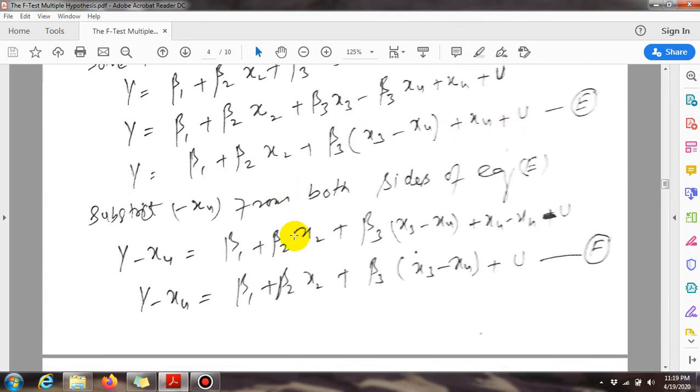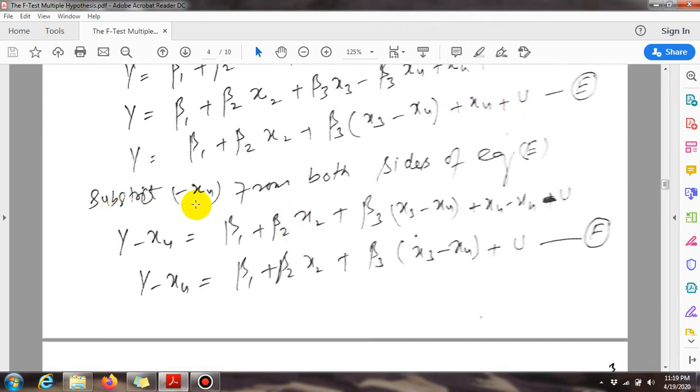Here, subtract x4 from both sides of the equation, and we get y minus x4 is equal to beta 1 plus beta 2 x2 plus beta 3 into x3 minus x4 plus u, because this x4 is removed by minus x4.